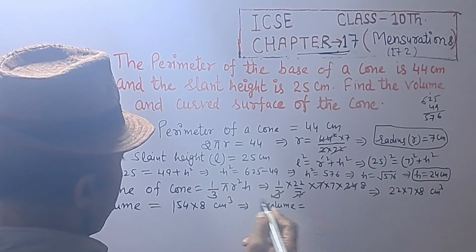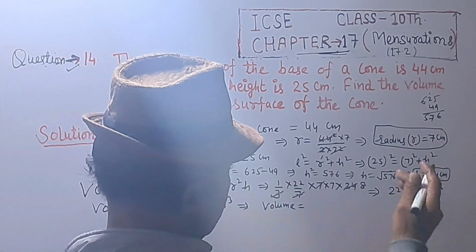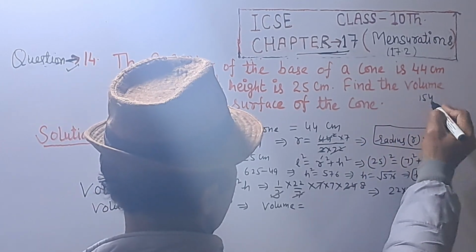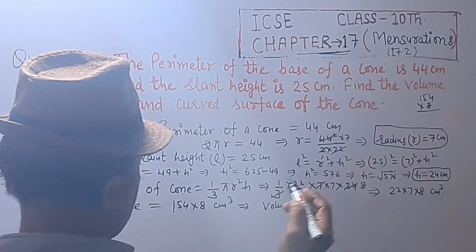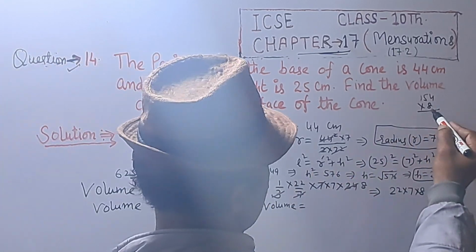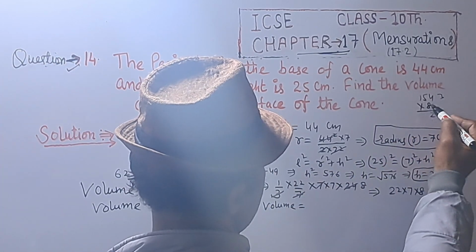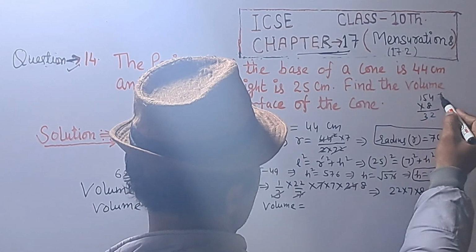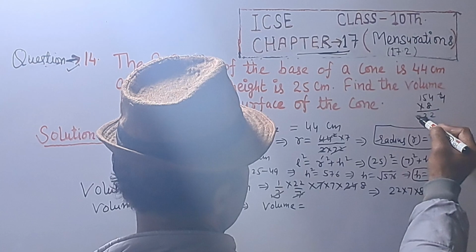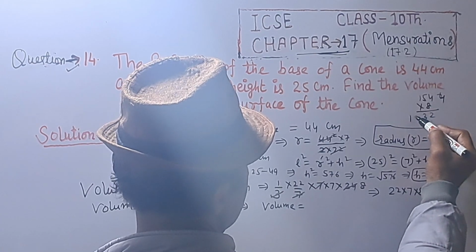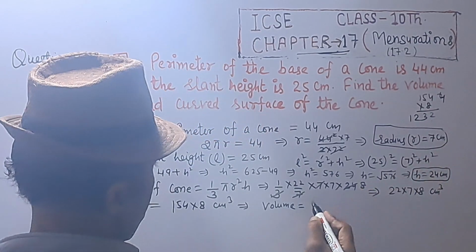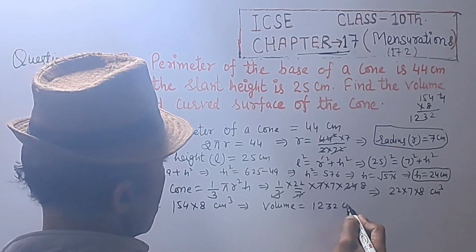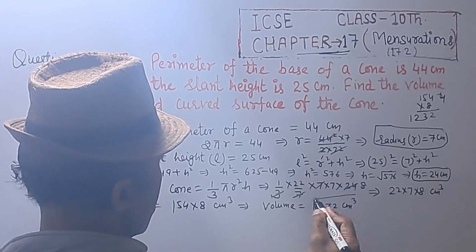Volume equal to 154 multiplied by 8. 8 4s are 32, 3 carry, 8 5s are 40, 43, 4 carry, 8 1s are 8, 8 plus 4 is equal to 12. Volume is equal to 1232 centimeter cube.